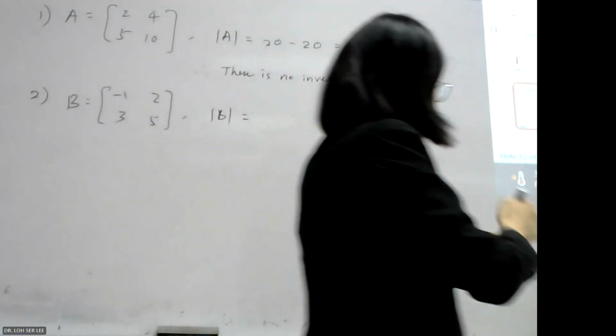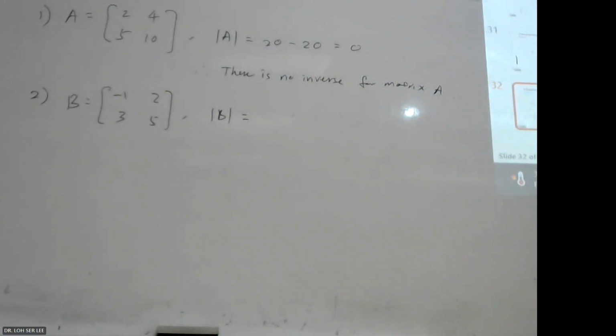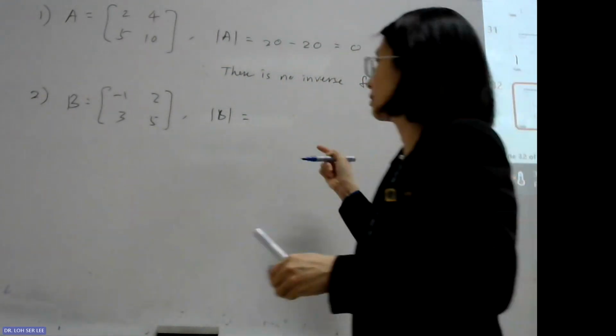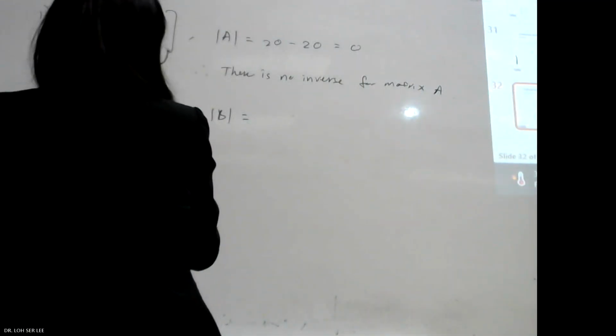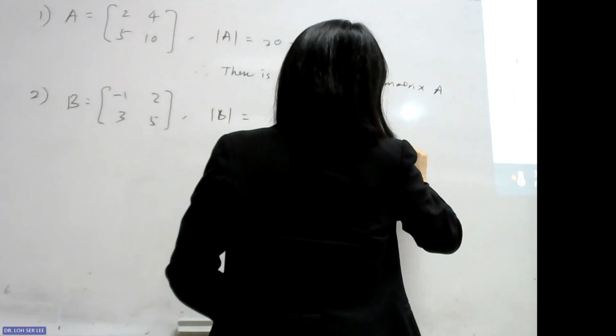Find the determinant, AD minus BC. For a 2 by 2 matrix, the formula is this one, I write it here.